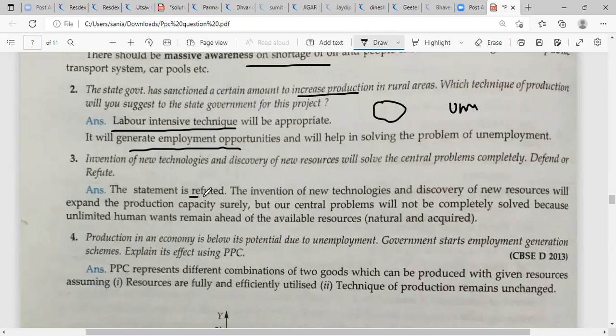So that's why you refute it. Your wants are basically recurring; they'll repeat no matter what. So you cannot say that if you introduce new technology and new resources, the central problem will be solved. Basically, no, it won't happen, right?